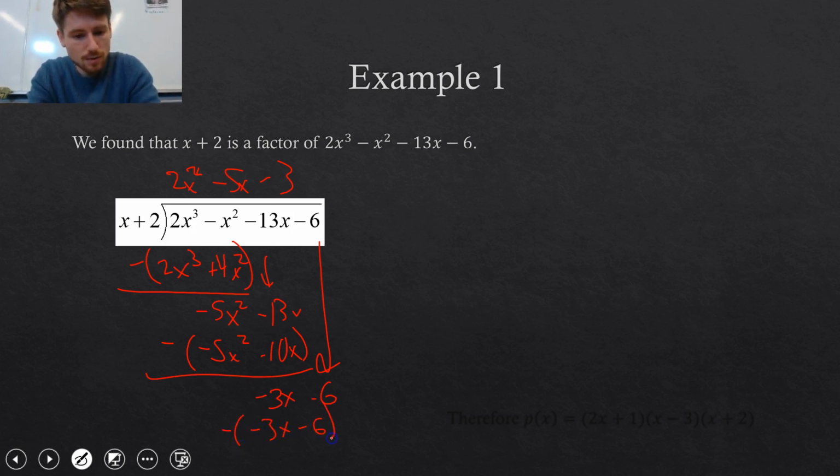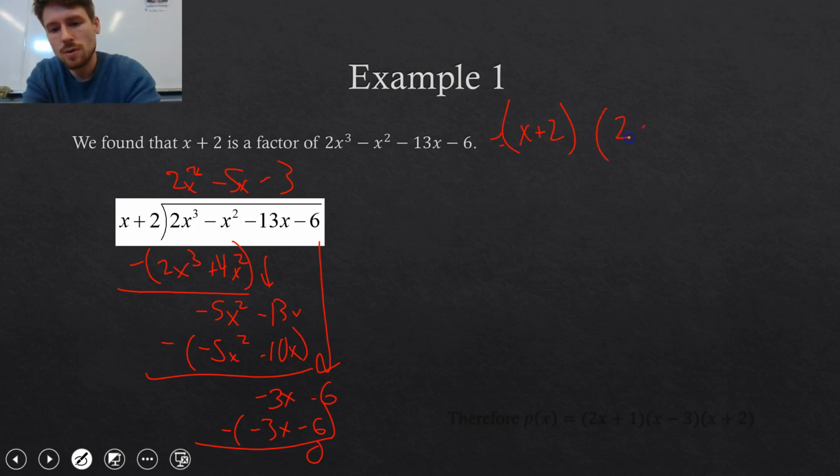Take that away, and we get 0 remainder. So that says that this equals x plus 2 times 2x squared minus 5x minus 3.